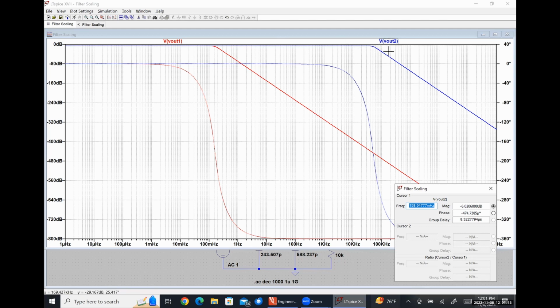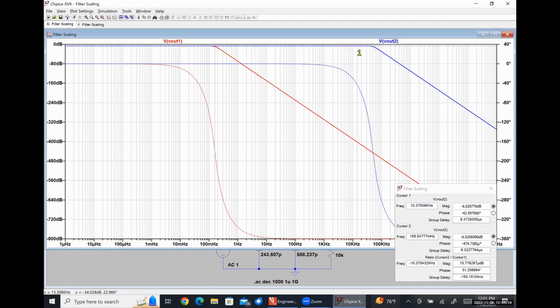Where is the cursor for 2? I plugged in my keyboard, but I'm too lazy. There we go. A little bit below -9 dB at a little bit above 50 kilohertz.